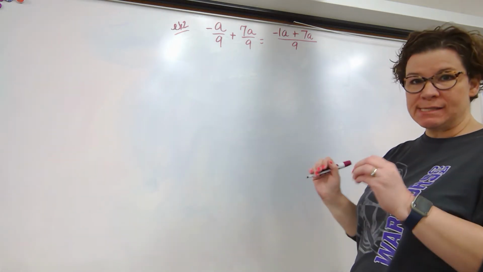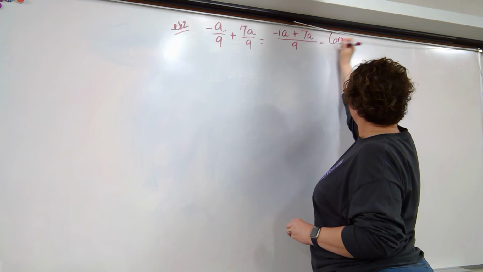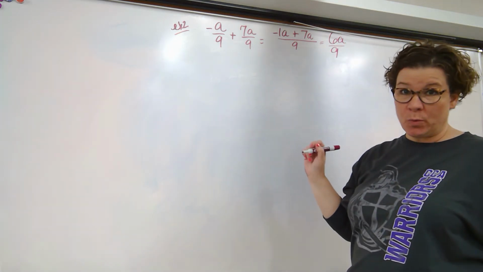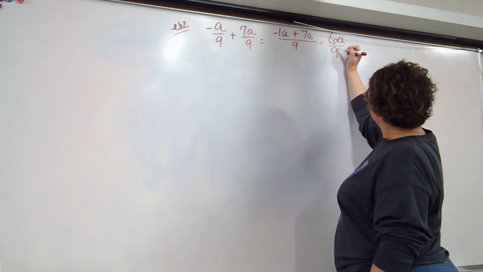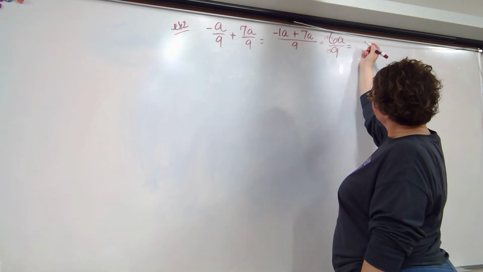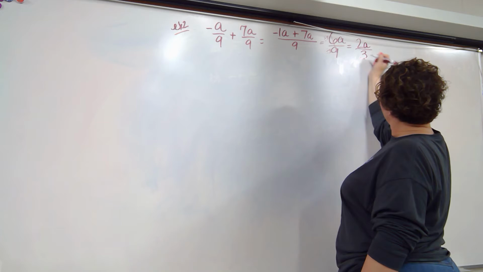Negative 1 plus 7 is positive 6, 6A over 9. Can I stop? No, because it's not simplified. I can divide both of these things by 3. My simplified answer is 2A over 3.